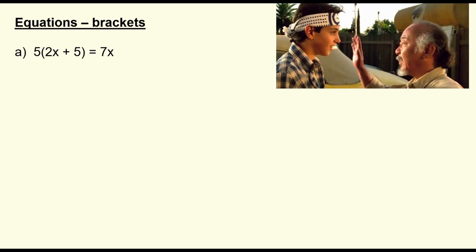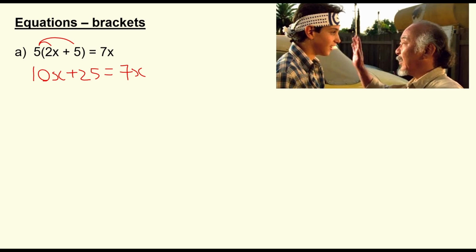Right, so if you've got brackets involved, it's actually not more difficult. You've just got an extra thing to do at the top. Remember from year 7, you need to expand that bracket out before you do anything else. So 5 times 2x becomes 10x, 5 times 5 becomes 25, and obviously that equals 7x. Notice something a bit strange here.